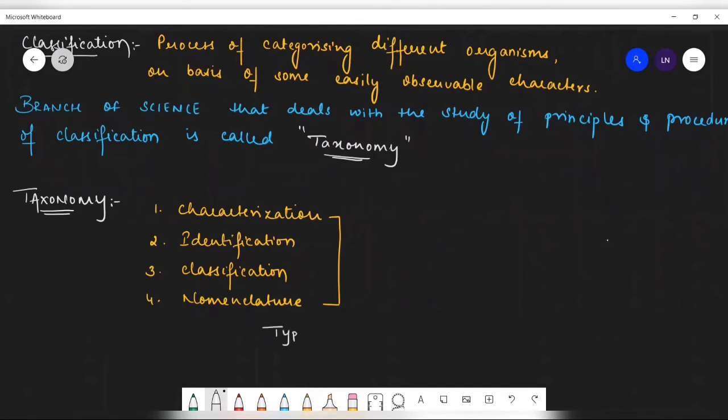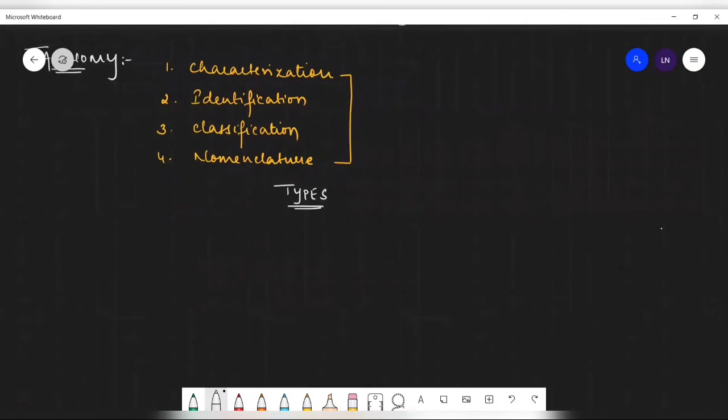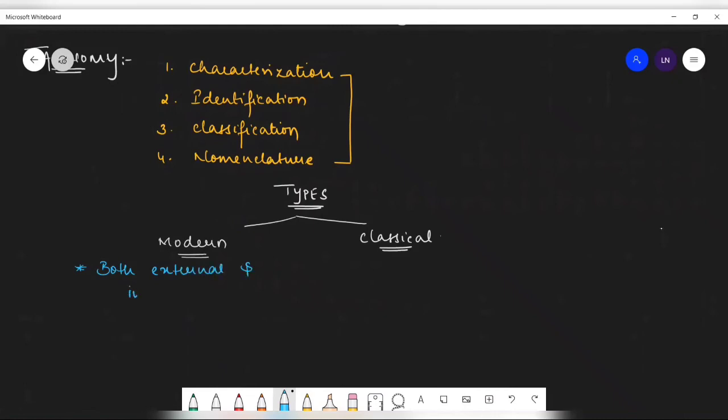Now, what are the types of taxonomy? We have two types: modern taxonomy and classical taxonomy. Modern taxonomy includes both external and internal characters.